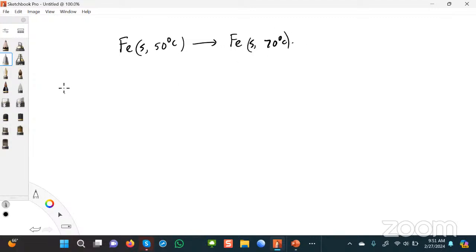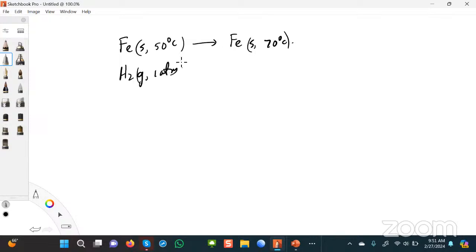Believe it or not, those are two different states, simply because there's a temperature difference. That temperature difference would lead to energy changes within the system. The atoms, in the case of iron at the higher temperature, will be vibrating more compared to at 50 degrees, right? So that's a change in state. Or let's say I gave you this H2 gas at a pressure of 1 atmosphere.